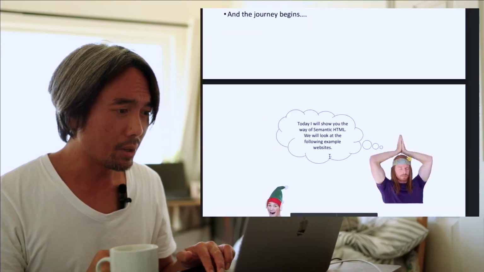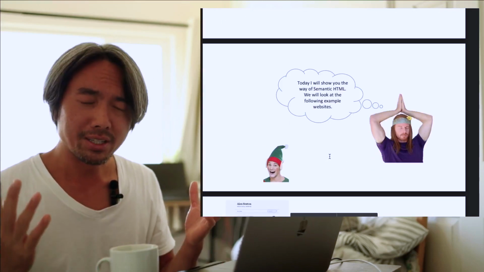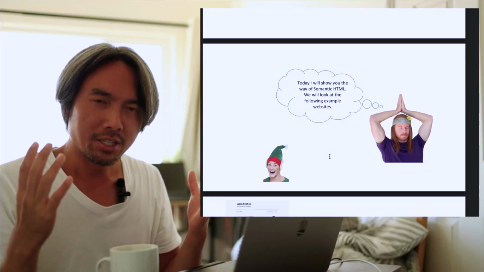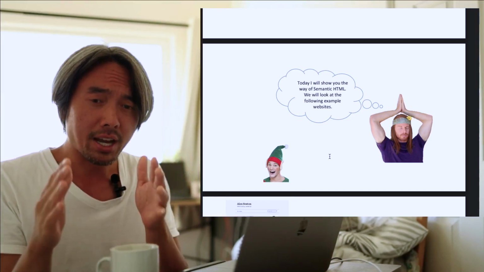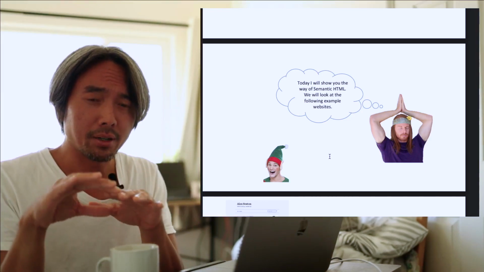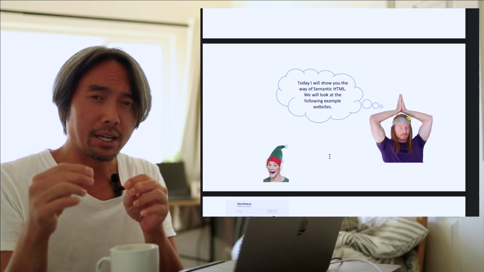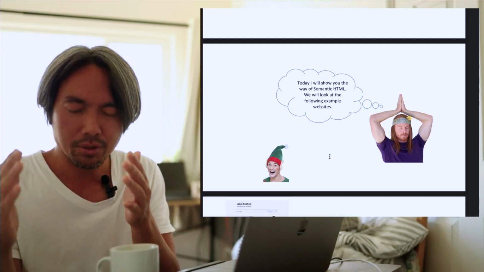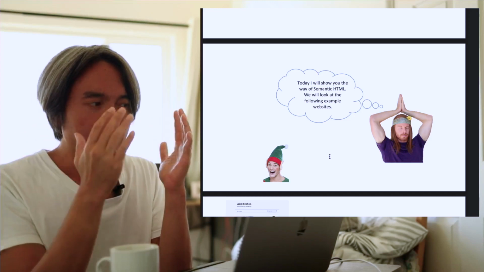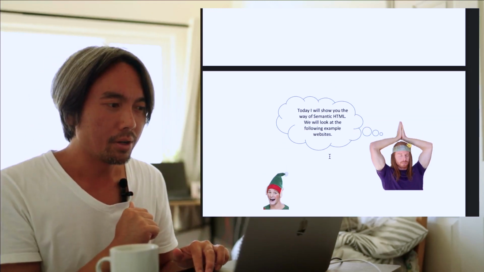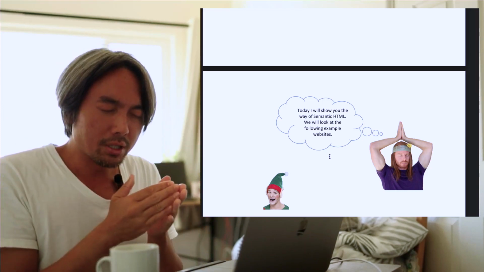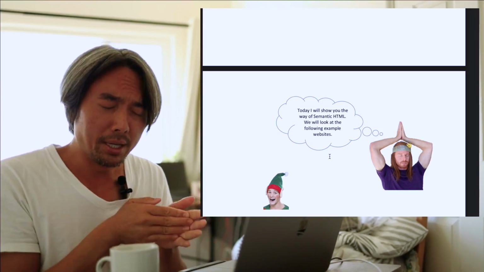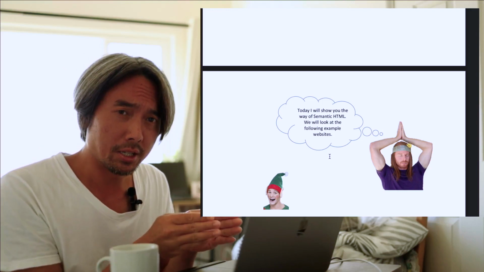One we called the Presentation-Centric elf, who focuses a lot on the visual design of the page and chooses his HTML tags with the visual design in mind. And then on the other spectrum, we have our semantic HTML guru, who focuses only on the content and the meaning of the content when he codes his HTML.